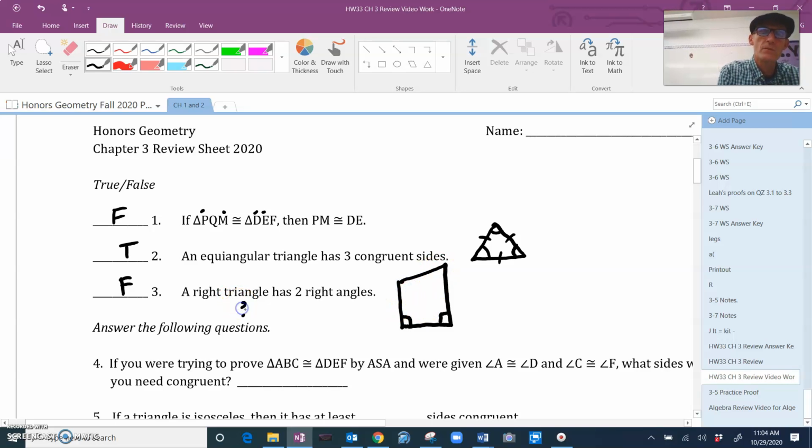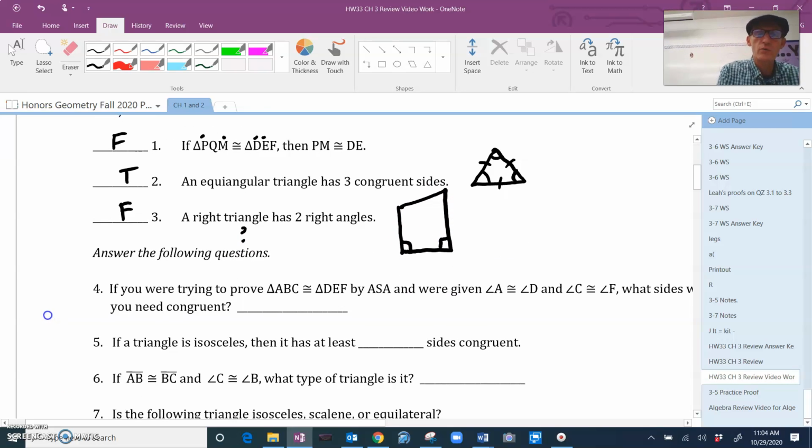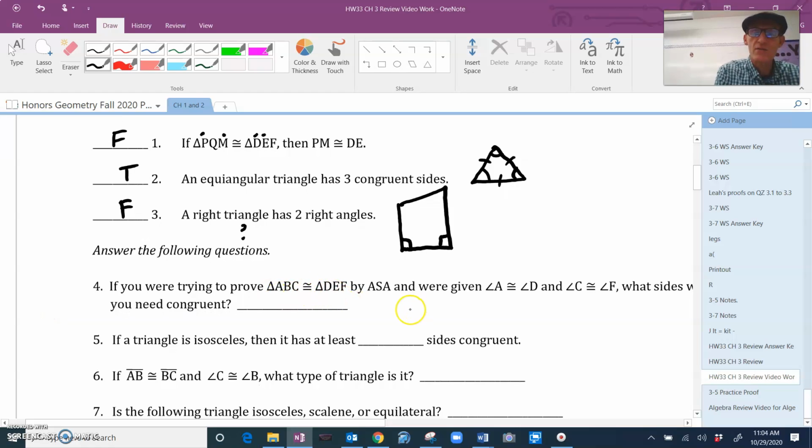So, number 4, if you were trying to prove ABC and DEF congruent, the best way to do that is to draw them. So I would put ABC here, DEF. And A is congruent to D, so this angle and this angle.